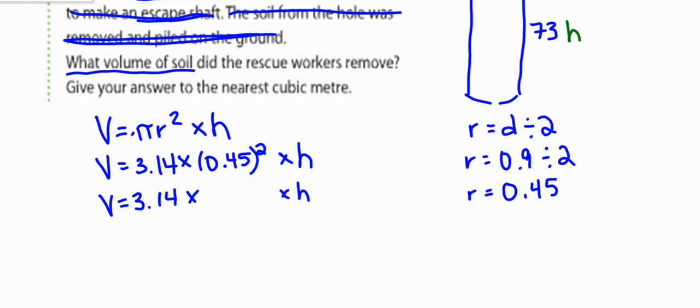I'm going to take this 0.45 and square it, or multiply it by itself. And when I do that, I am going to get 0.2025. Oh, and I should have replaced my height. I'm sorry, guys. We're going to replace that with 73, because that is the height.